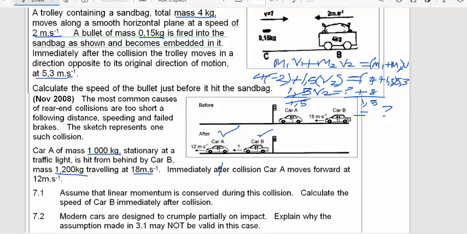Immediately after the collision, car A moves forward at 12 meters per second.